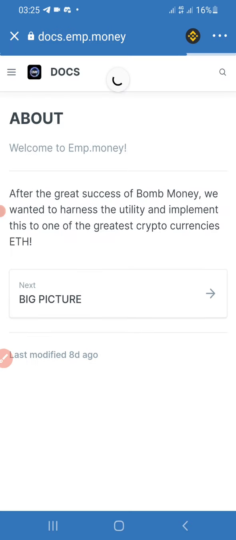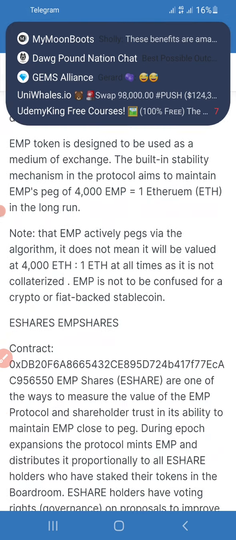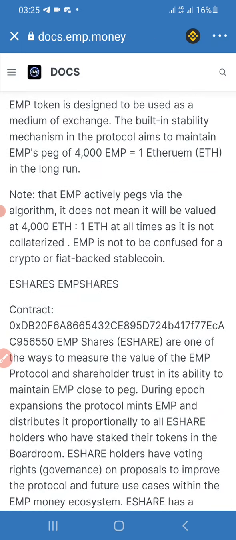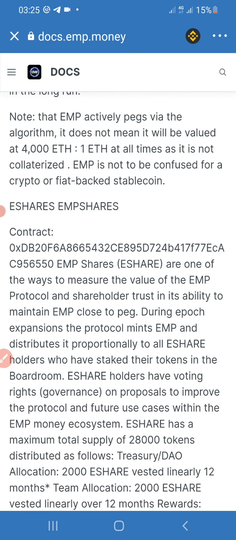And moving forward, you need to know about the ESHARE token. Now, ESHARE token is why the EMP token is actually doing well, because ESHARE token is one of the ways to measure the value of EMP protocol. Like shareholders of a company, what they believe in these assets. The asset is what?